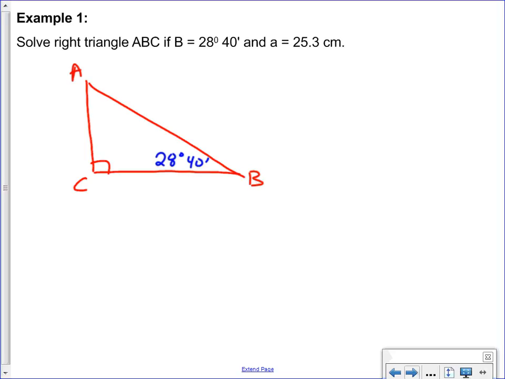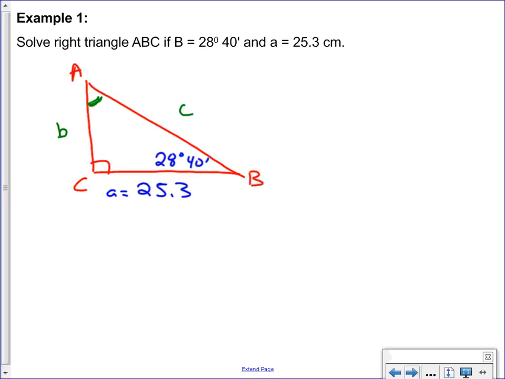Where does a go? Right here at the bottom. This is 25.3. That's little a. We're missing little c, little b, and also big A.